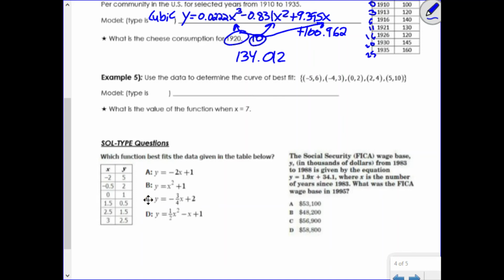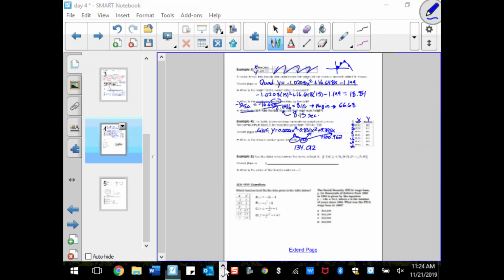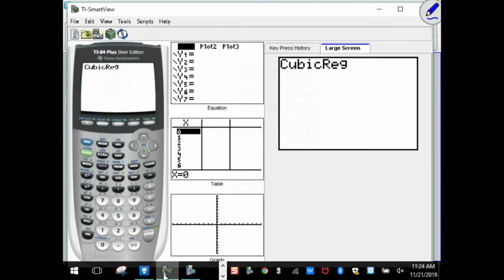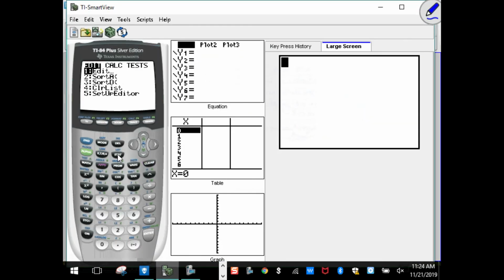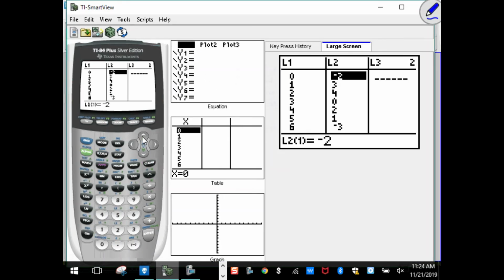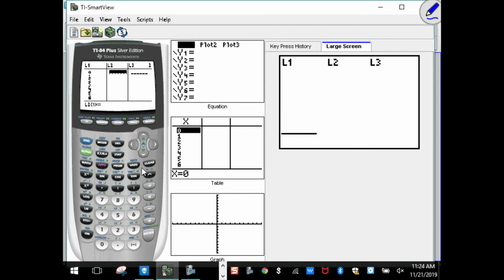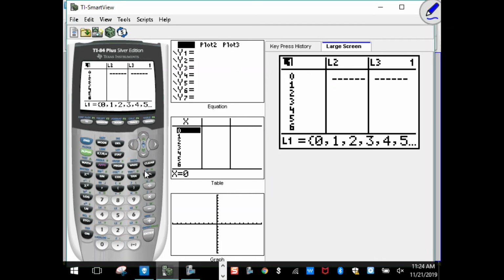So I'm actually going to use the handheld calculator for this one because I've been illustrating a lot using Desmos. So just for the handheld calculator, remember you go to Stat, Edit. This is where you put all of your information. You can hit your Enter. Your points. So it looks like our points here, if I'm looking at the x values, I have negative 5 is the first one.